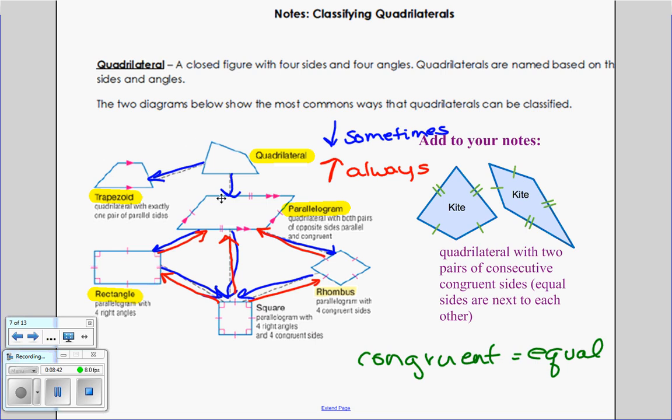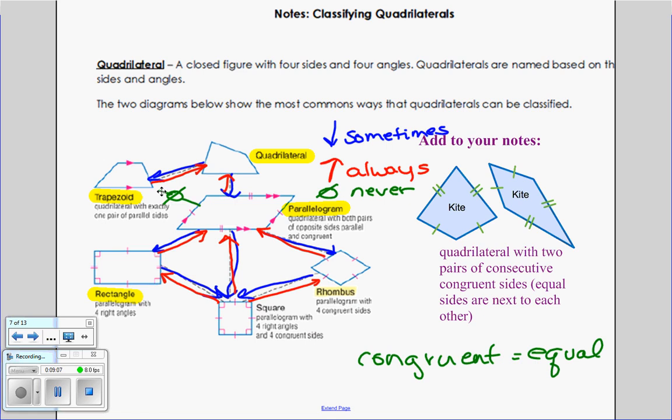Okay? A parallelogram is always a quadrilateral, and a trapezoid is always a quadrilateral also. Now, if there is no relationship, no line on this flow chart connecting two things, then that is a never relationship. Okay? So there is no line between trapezoid and parallelogram.